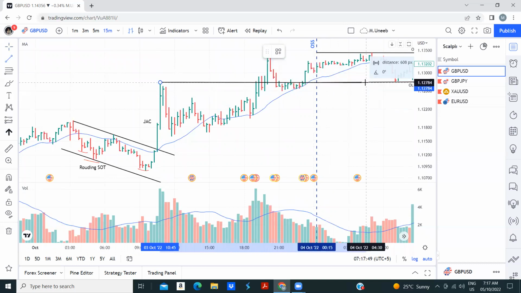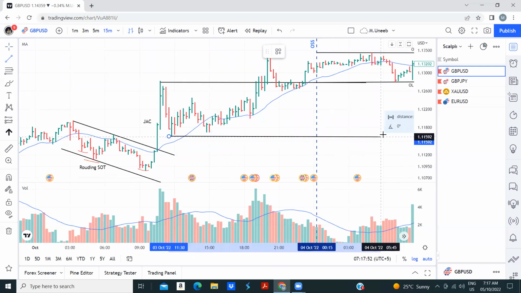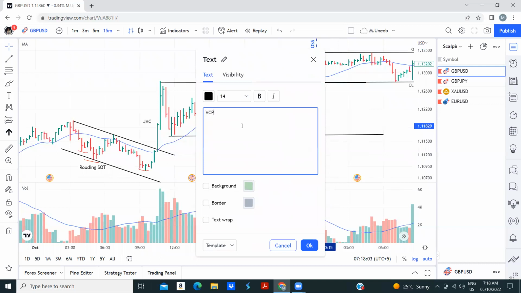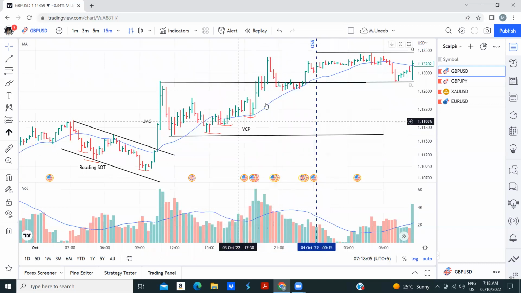And after JAC, the price resumes here. And what I see here is that the price is making higher lows. Higher lows. So this is a VCP pattern, volatility contraction pattern. So this is actually a reaccumulation range.